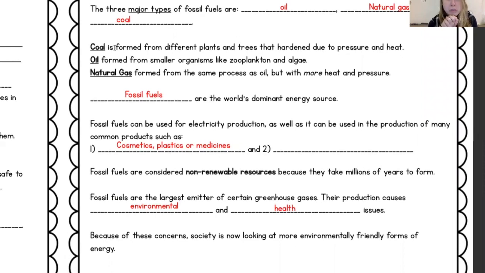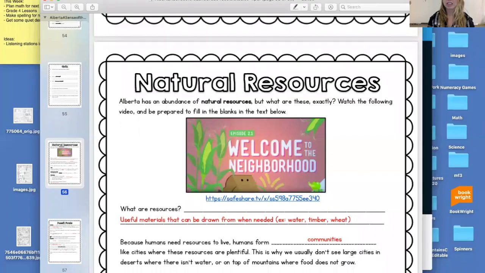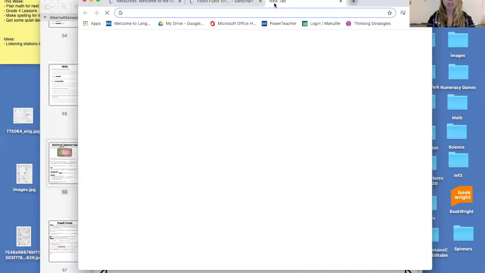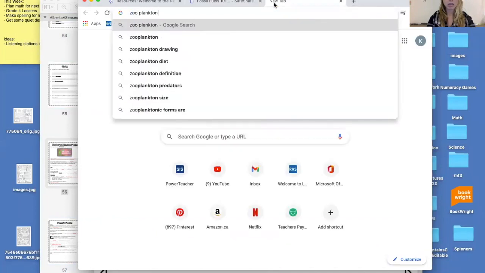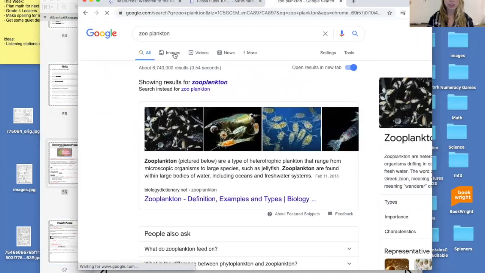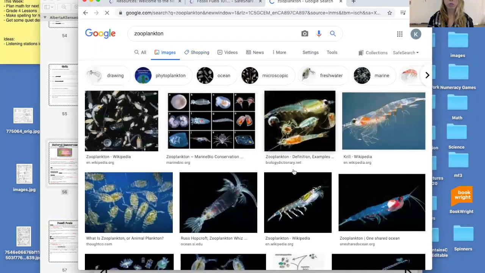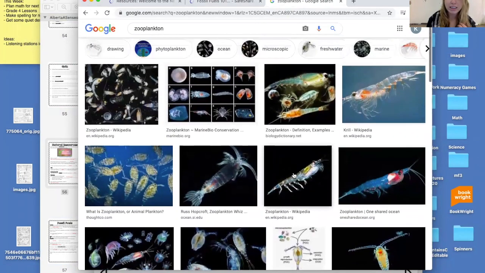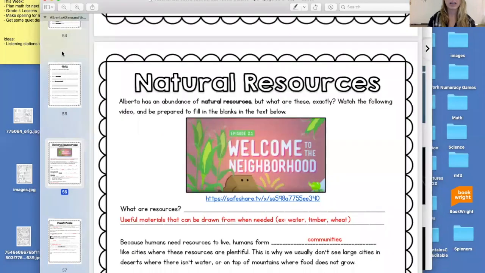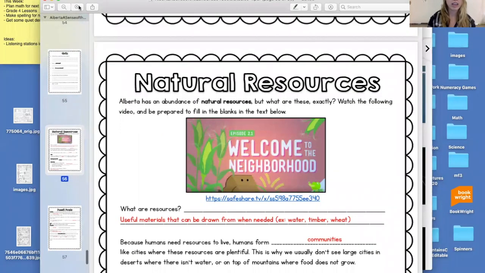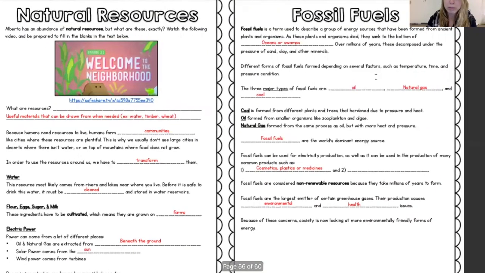Oil was formed from smaller organisms like zooplankton and algae. Let's look at a picture of what zooplankton looks like. Weird. So when these little tiny things died and got squished, they turned into oil. Zooplankton.